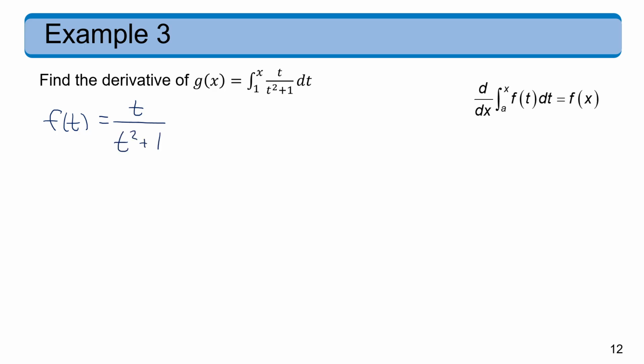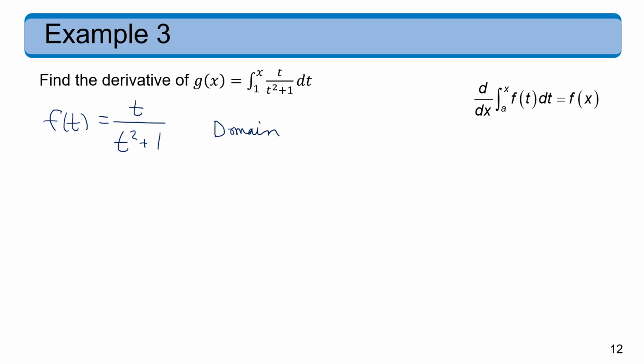Before we apply the fundamental theorem to this problem, we need to make sure the hypotheses are met, and that is that the function f must be continuous. So let's look at this formula for f and see if it's continuous. This is a rational function, and rational functions are continuous everywhere on their domain. So what is the domain of this function? It would only be undefined for values of t that make the denominator 0.